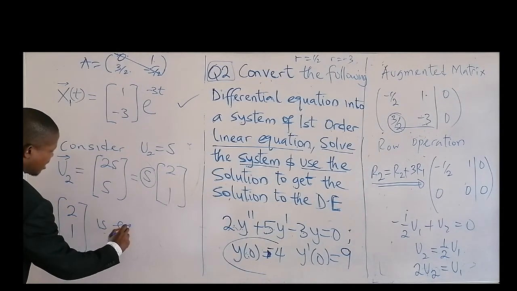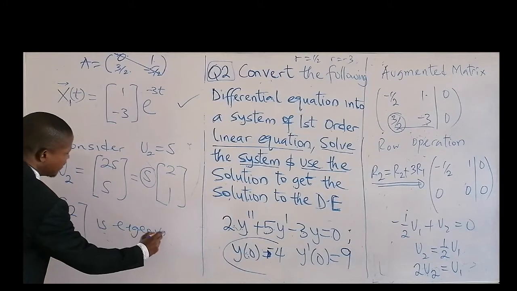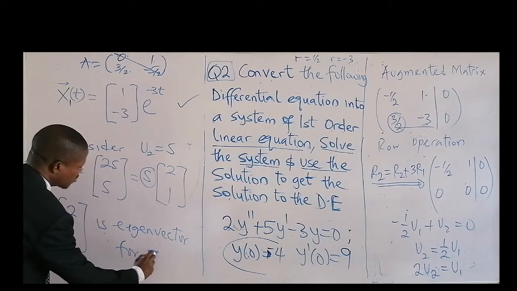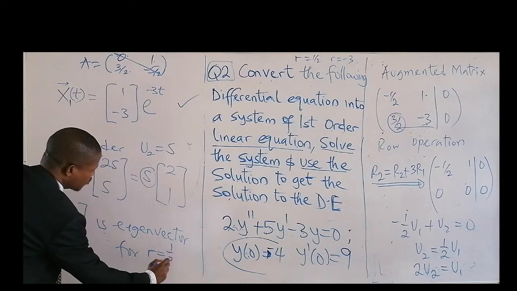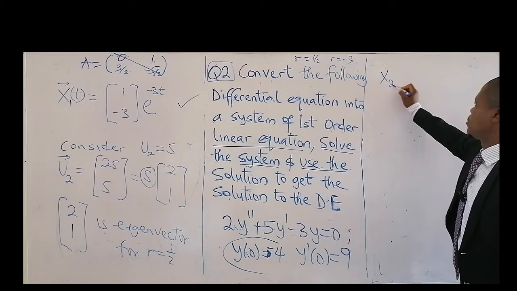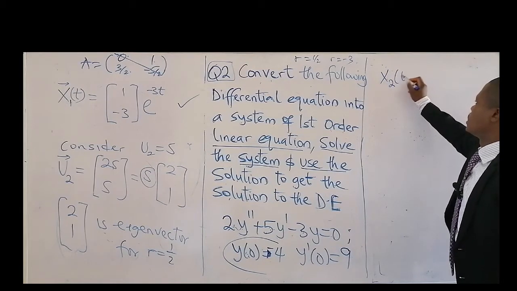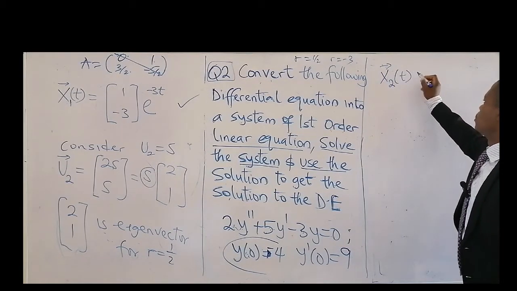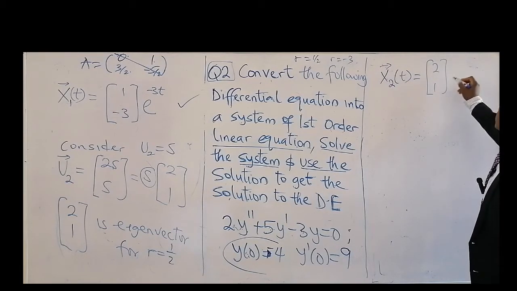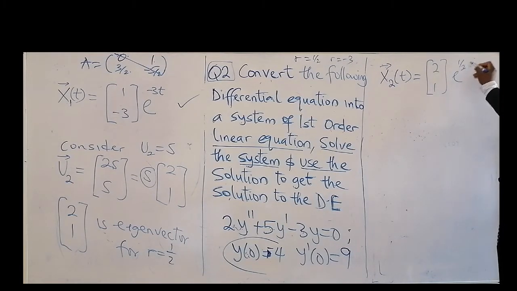Okay? So if you take this one as 1, then this vector is the eigenvector for r equal to 1 over 2. So we now have the second solution for that system as a function of t: the vector 2, 1 times exponential half t. So that's the second solution.